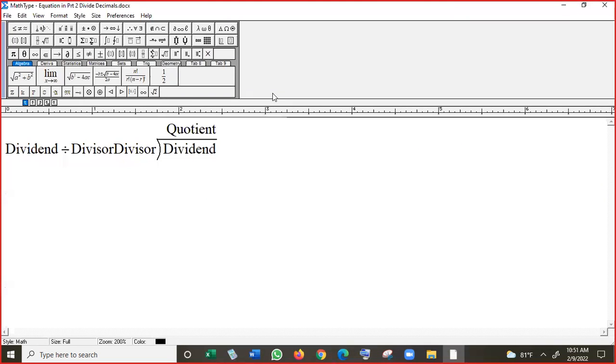Let's make this bigger. Is equal to the quotient.